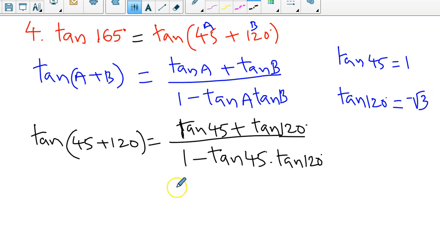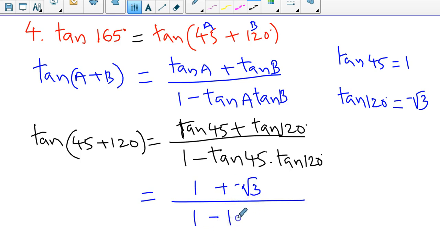Okay, let us substitute. 1 for tangent 45 plus tangent 120 is a negative square root of 3, divided by 1 minus tangent 45 is 1 times tan 120 is negative square root of 3.